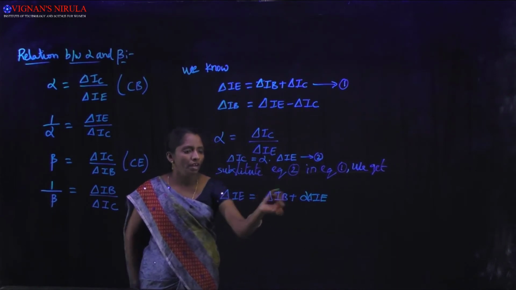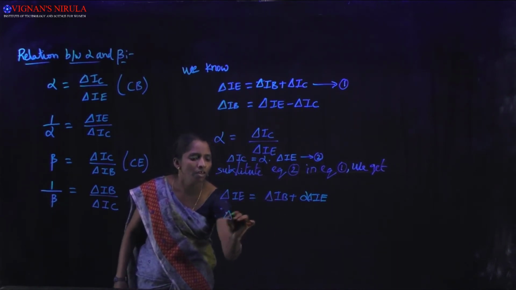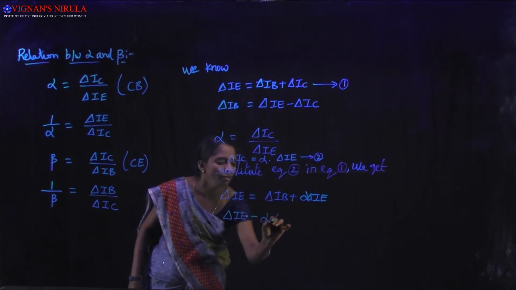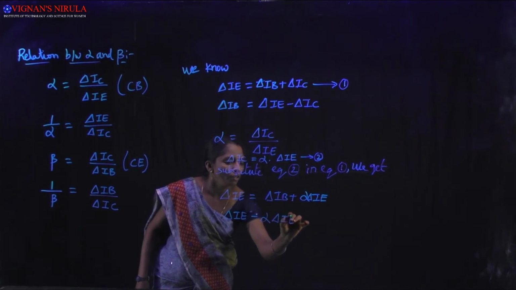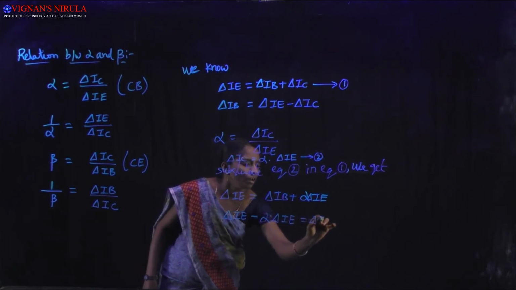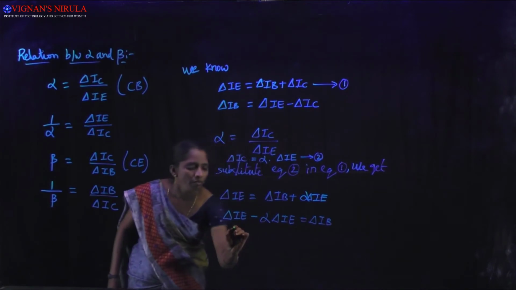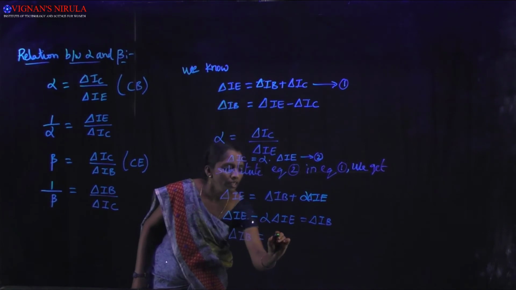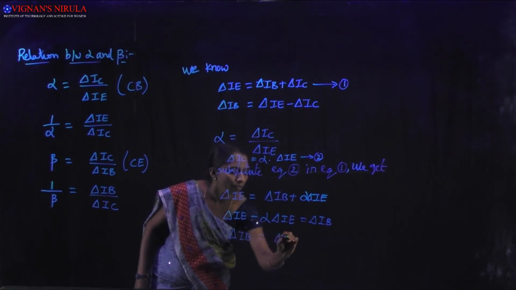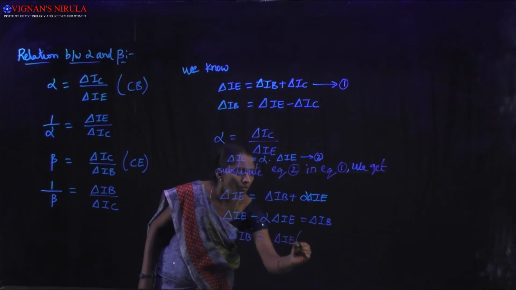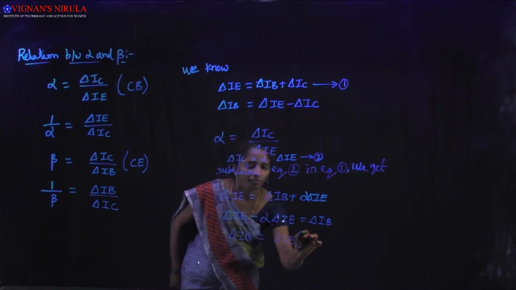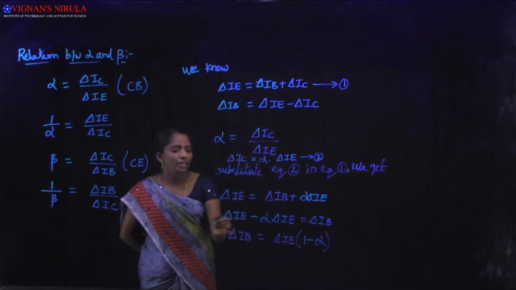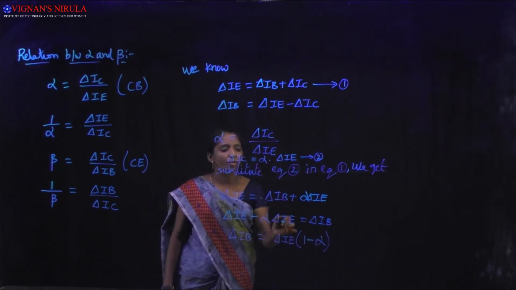Now keep the IE terms on one side. So delta IE minus alpha into delta IE equal to delta IB. Taking delta IE common, delta IB equal to delta IE into 1 minus alpha.